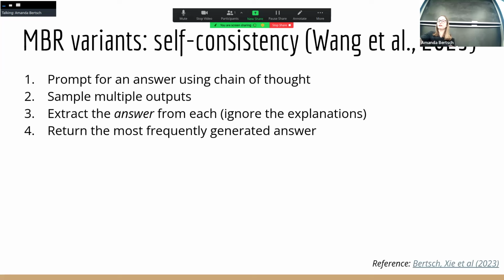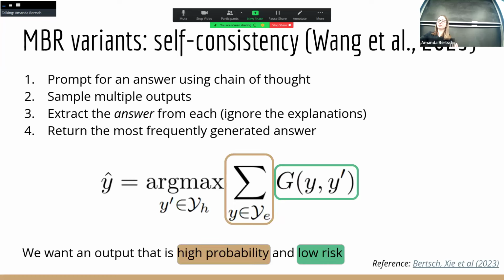What this is doing is a type of MBR where the metric that you actually care about is exact match of this answer, ignoring the rest of the generation. So here we have the same intuition that we want an output that is high probability, right? We're getting it generated a lot, but also low risk. Not a lot of the other outputs in our set disagree with this answer.